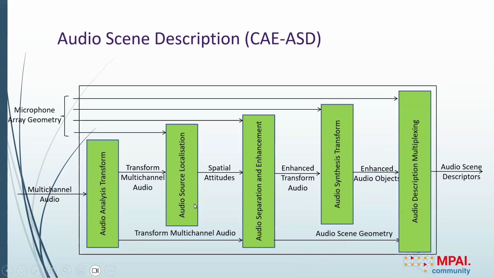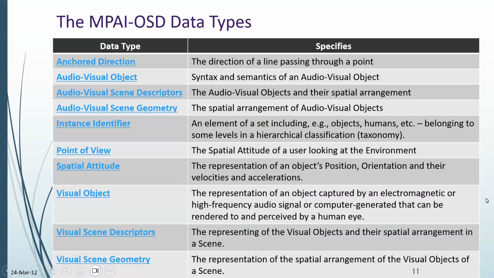So this is, say, the Fourier transform of the multi-channel audio that is input here, and the output is the audio-visual scene descriptors. So we have identified quite a few data types, and they are specified here. So let me take, for instance, the audio-visual scene descriptors. Or maybe let's start with something simpler, which is the visual scene geometry.